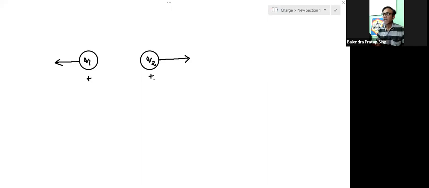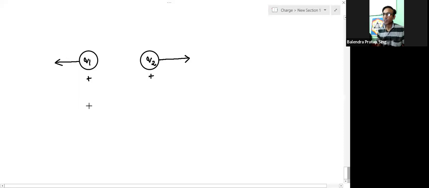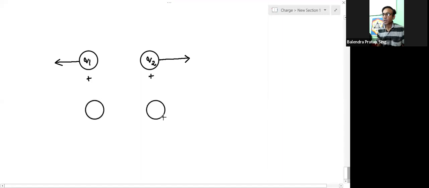If I again choose a charge q1 and a charge q2, this time negative and negative, they will again apply some force and repel each other.